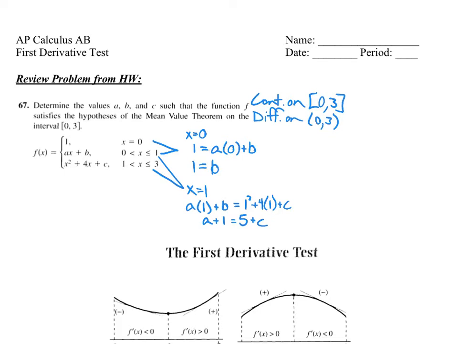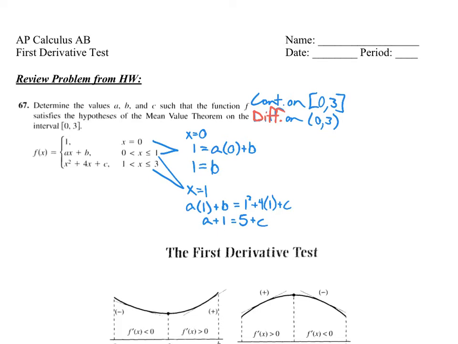but to make it differentiable, I'll do this part in red. Okay? To make it differentiable, it has to be smooth. I can't have any sharp changes in direction. So I need the slope at the junction here at 0 to be equal on both parts.